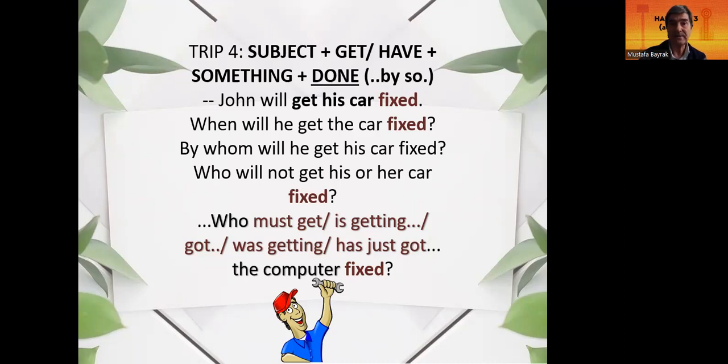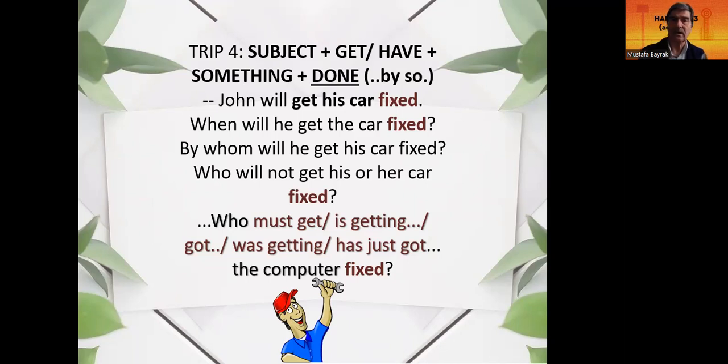When will he get the car fixed? Again, as I said, using them in all tenses is very important. John will get his car fixed. When will he get the car fixed?